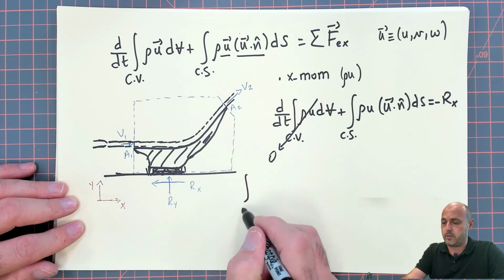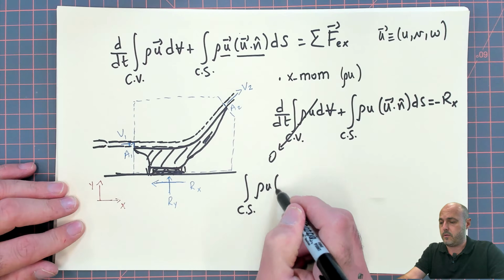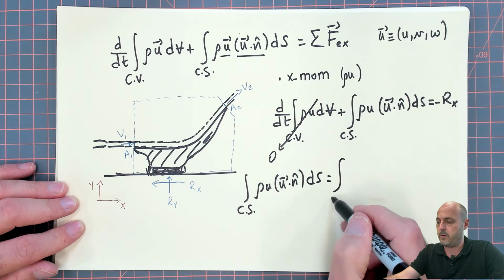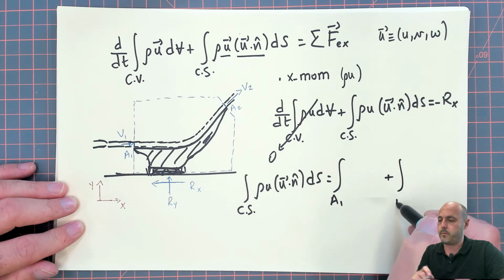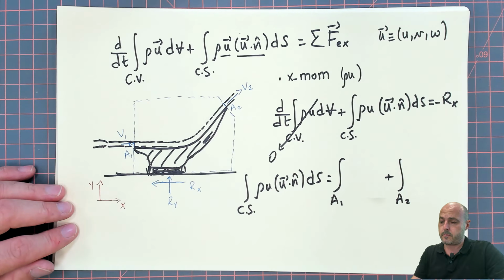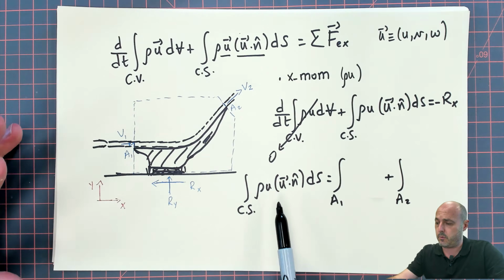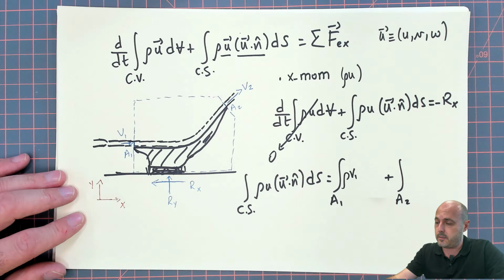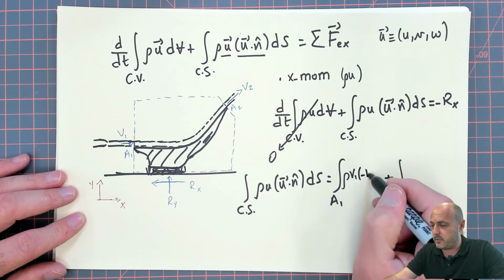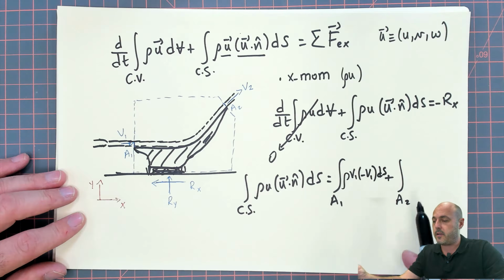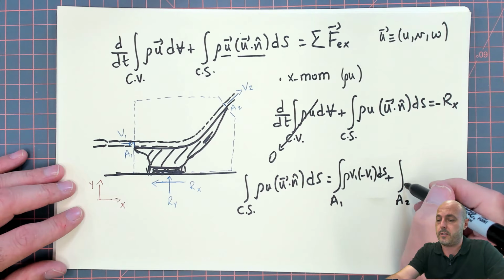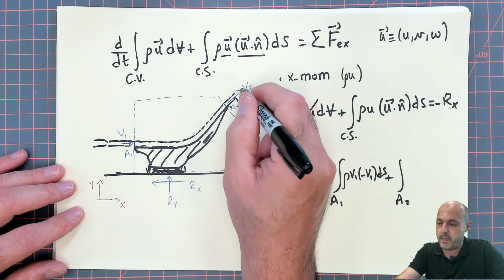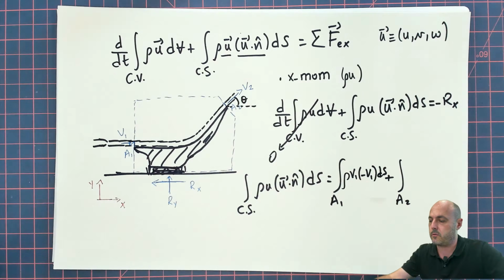So the integral over the control surface of rho u, u dot n dS is equal to the integral over A1 plus the integral over A2. Over A1, the x component of momentum is V1, so we get rho V1, and u dot n at A1 is minus V1 dS. At A2, the x component of momentum is V2 cosine theta, where theta is the angle between the jet, which is really the vane's angle, and the horizontal.